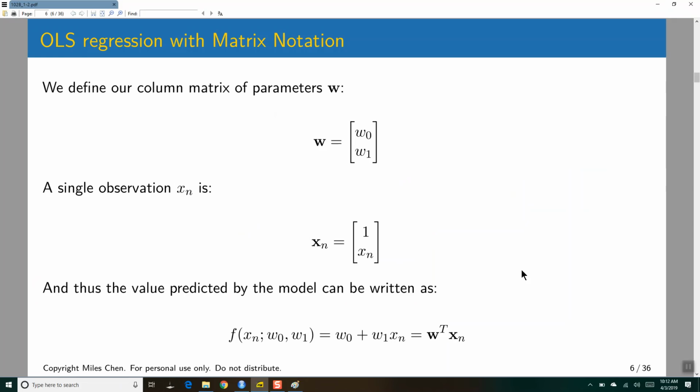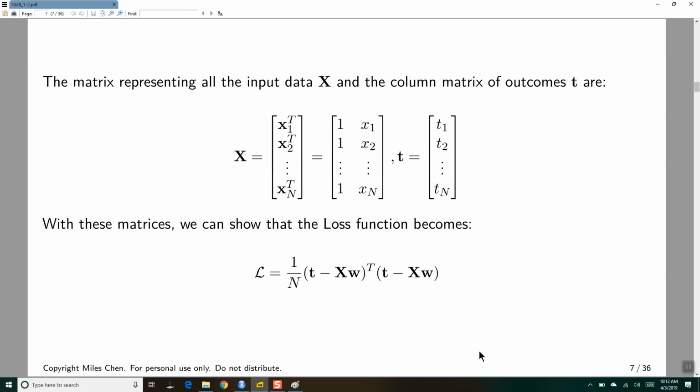All right. Okay, but anyway, now we can express this type of equation with just this W transpose X of n. Okay.